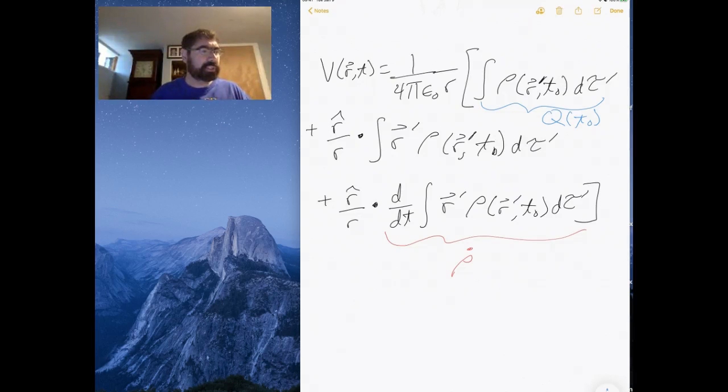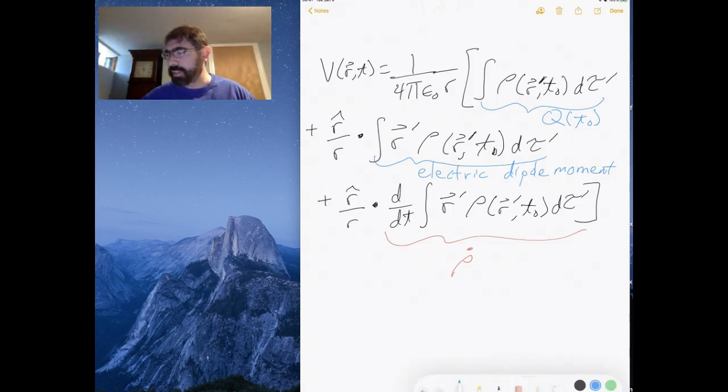The next one has an r prime integrated with the charge density, and so that would be a dipole moment, an electric dipole moment. Same is true of the third integral, but now I'm looking at the time derivative of the electric dipole moment. So let me write that out now.